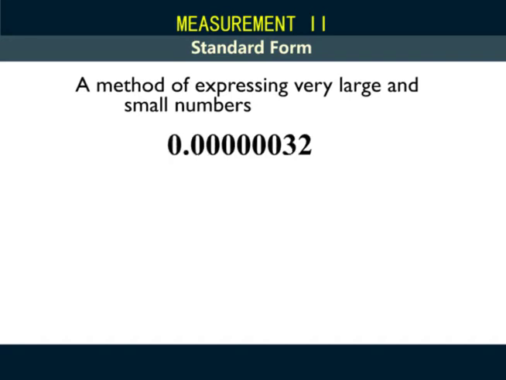Consider this number. Mathematically, this is the same as 32 over 100 million. In fact, this is the same as 3.2 over 10 million. We can write it in expanded form as 3.2 times 1 over 10 million.